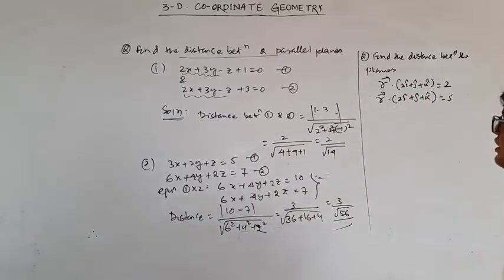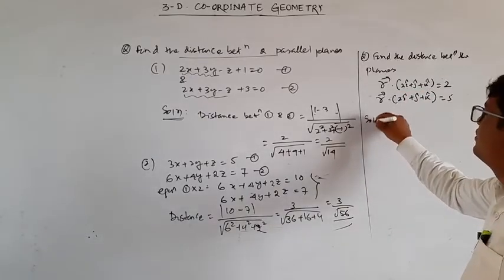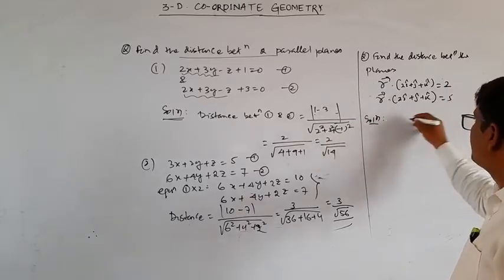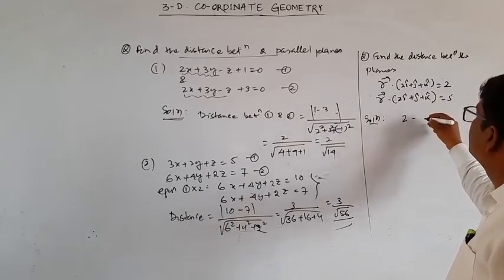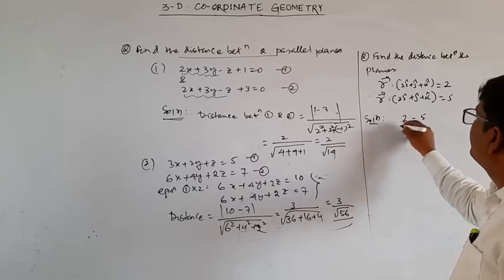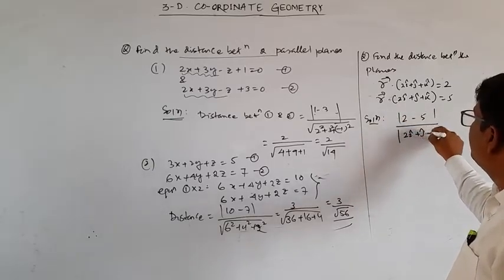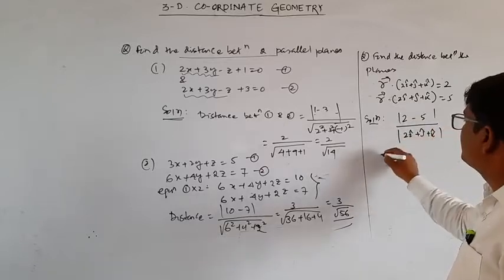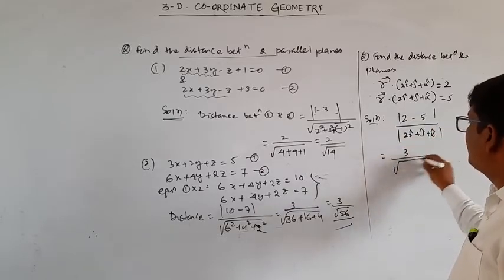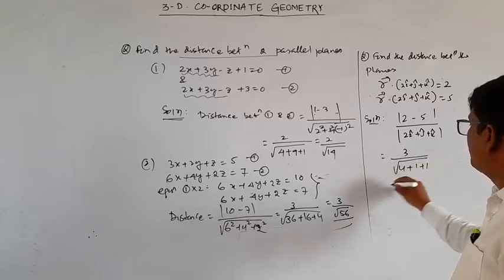So solution is by the formula, that is |2 minus 5| divided by magnitude of (2i plus j plus k). So this is 3 by square root of 4 plus 1 plus 4, 1.